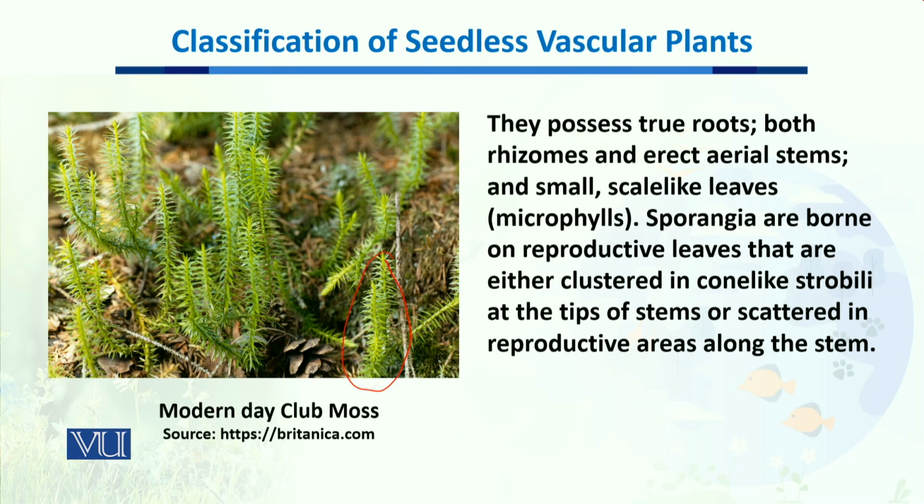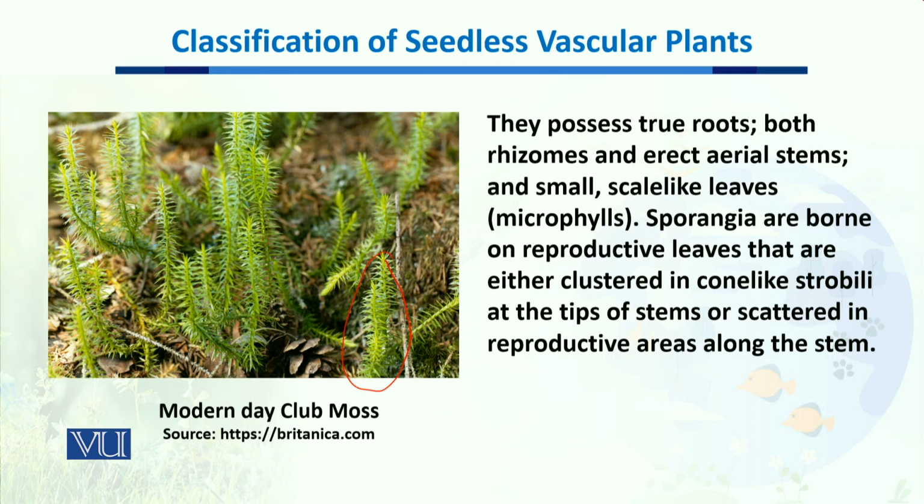You can see here in this diagram, on these aerial stems, small scale-like leaves are also present, which are known as microphylls. Sporangia are borne on reproductive leaves that are either clustered on cone-like strobili at the tips of stems or scattered in the reproductive areas along the stem.